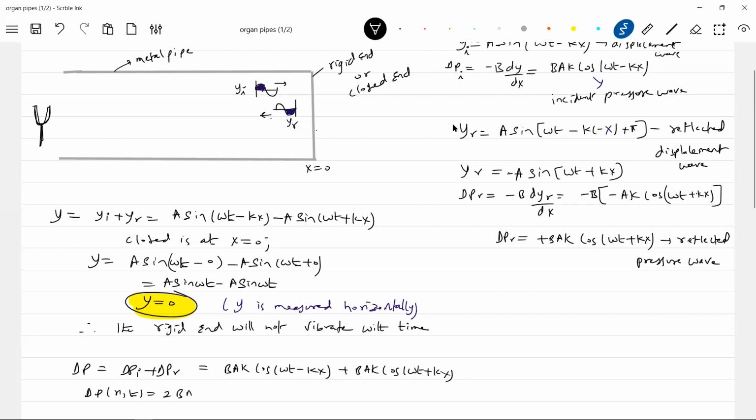We'll get 2BAK cos kx cos omega t. Check mathematics. If I'm right, I'll proceed.